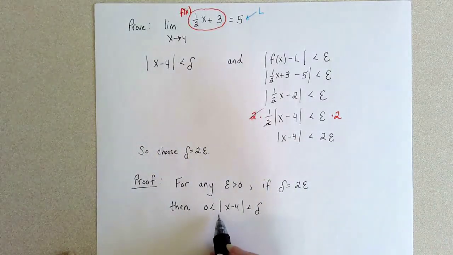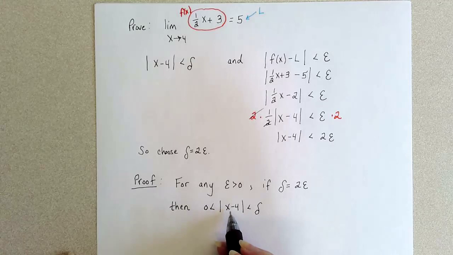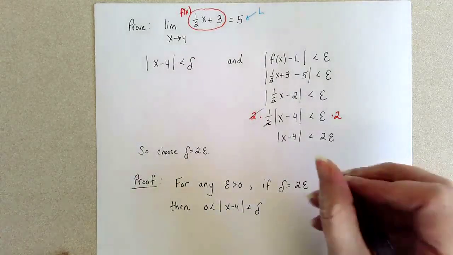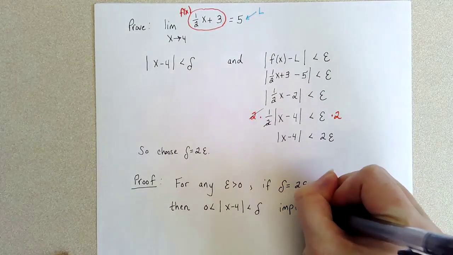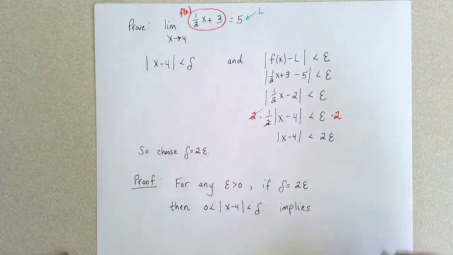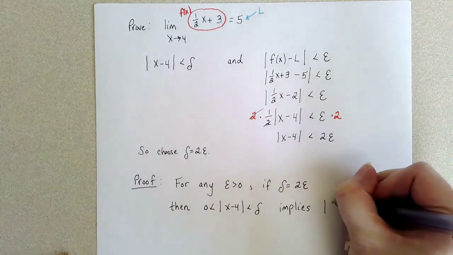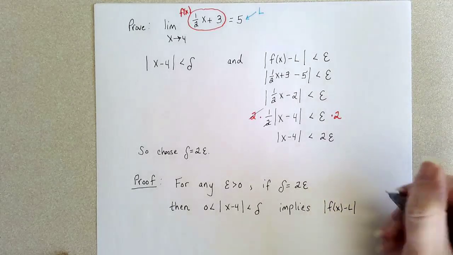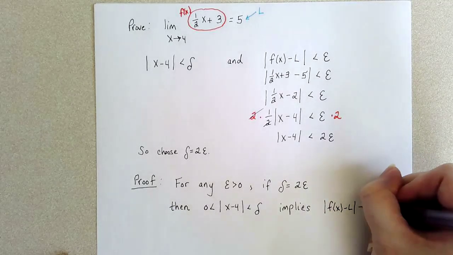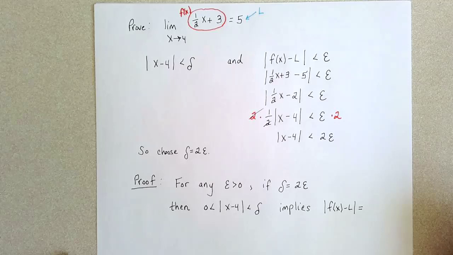So then having the distance between our x and the value 4 being less than delta implies that the absolute value of f of x minus the L is going to be, we ultimately want this to be less than epsilon.